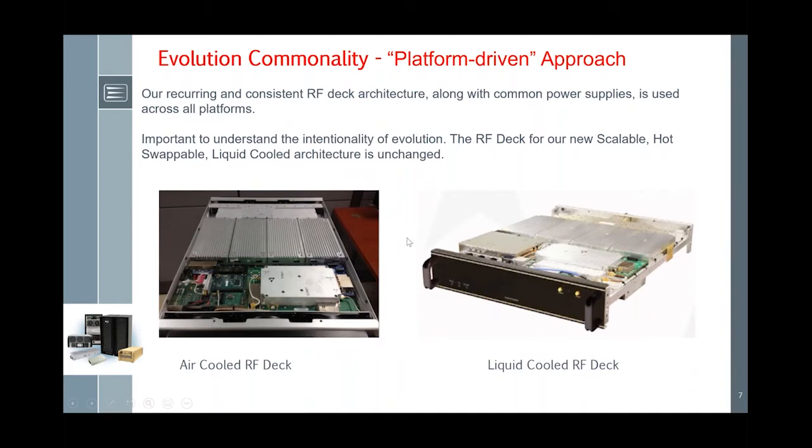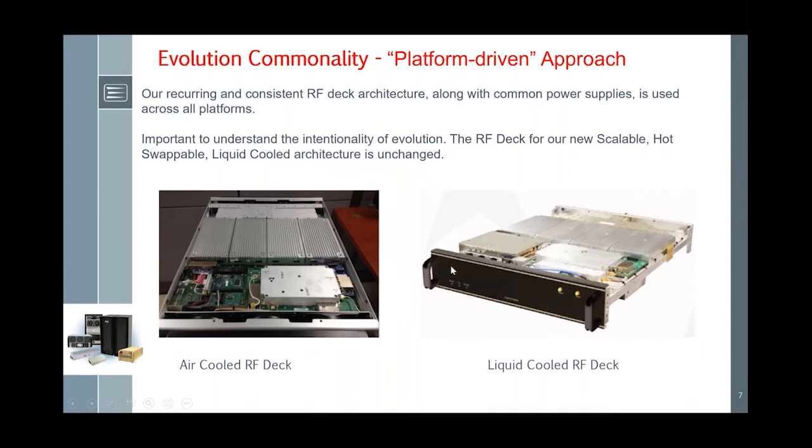So what we're doing is wrapping new, better technology around an established RF chain. Not to be lost in this for everybody, the RF deck on the left-hand side is an air-cooled RF deck, and what that means is below this RF structure is a heat sink with long fins and fans to provide air cooling.